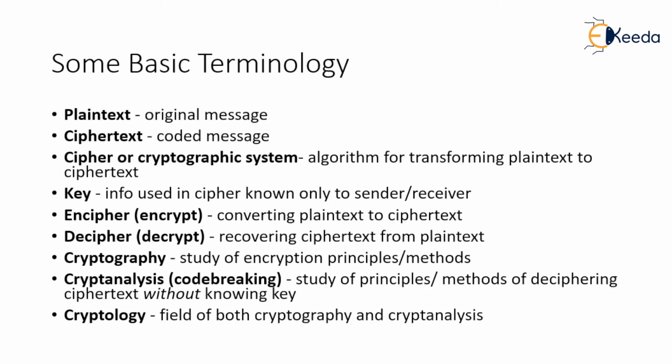So the cipher can be considered the algorithm for transforming plain text to ciphertext, and ciphertext is the coded message. For doing this coding, we require a key, and that key information is used in the cipher, and the key is only known to the sender and the receiver.